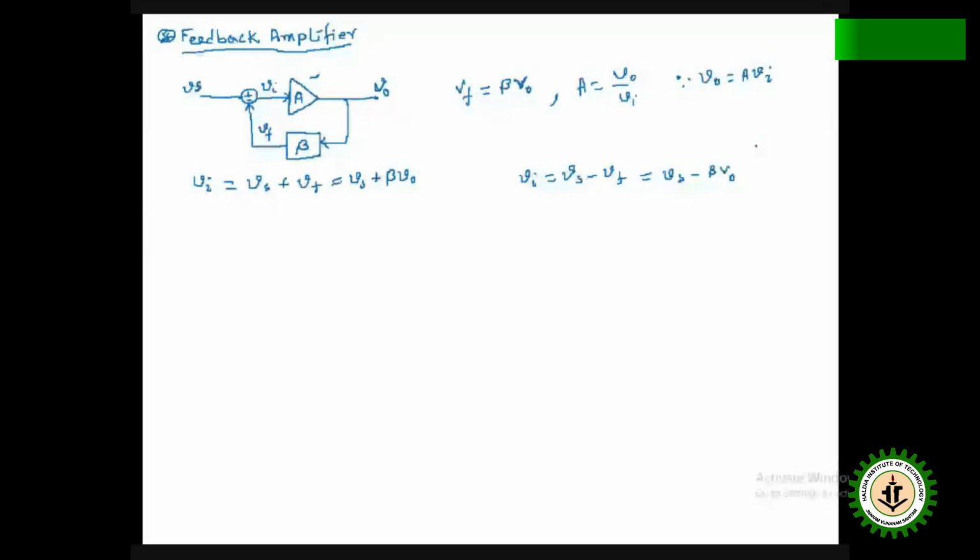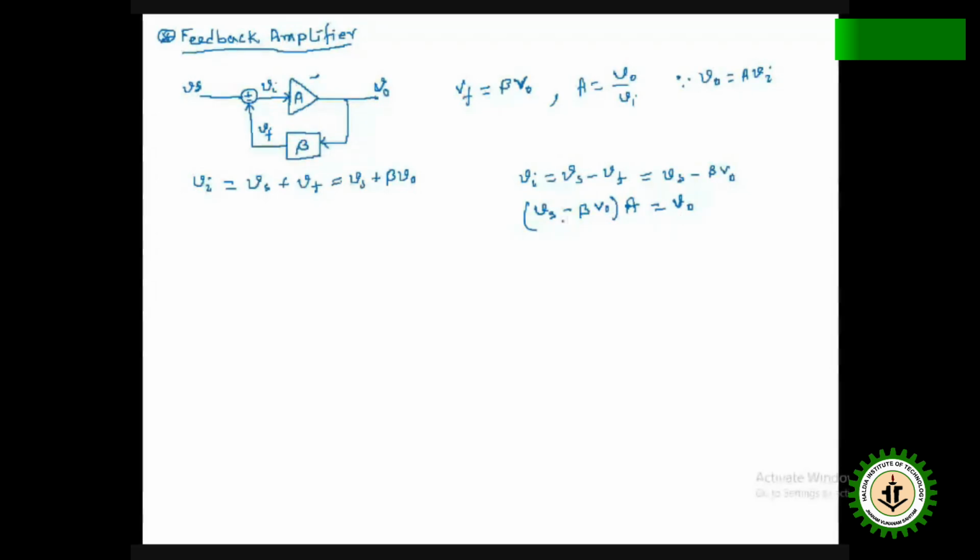So we can write Vs minus beta V0. Because Vi is equal to V0 by A, multiplied with this, V0 is equal to this.